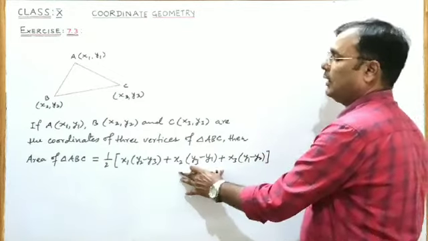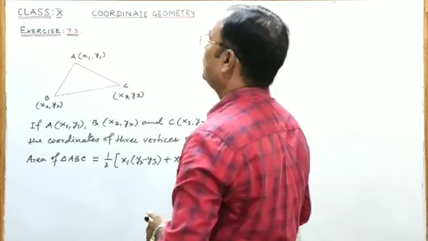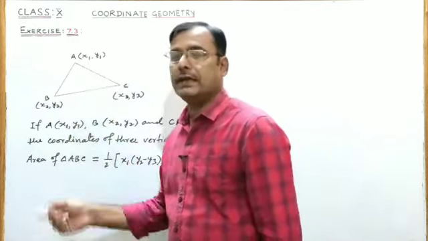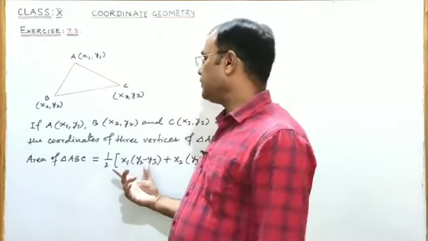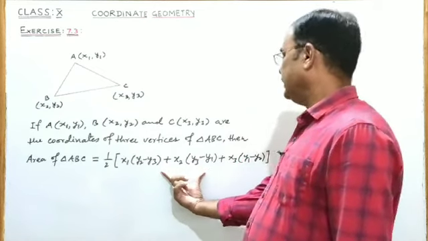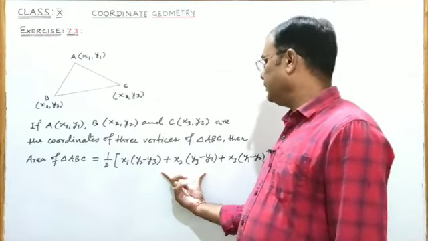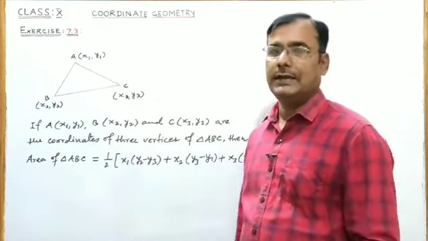This is the formula for area of triangle ABC whose coordinates of 3 vertices are x1 y1, x2 y2 and x3 y3. The area of triangle ABC is the numerical value of this expression. Sometimes you may get value of this expression positive and sometimes you may get negative.